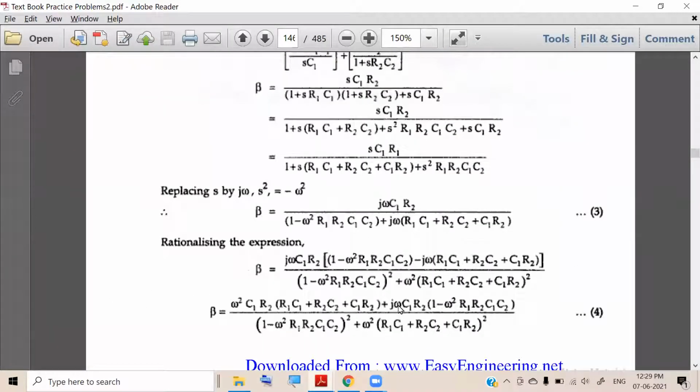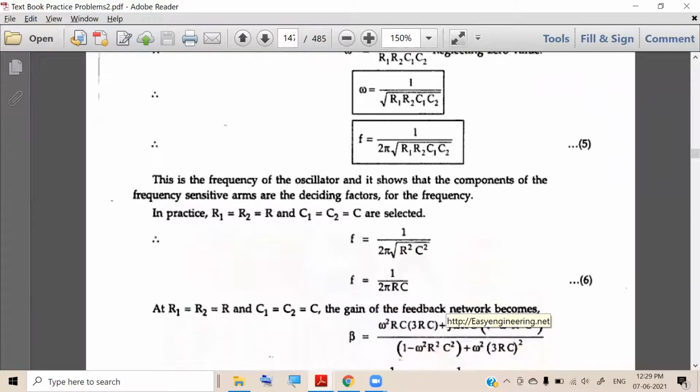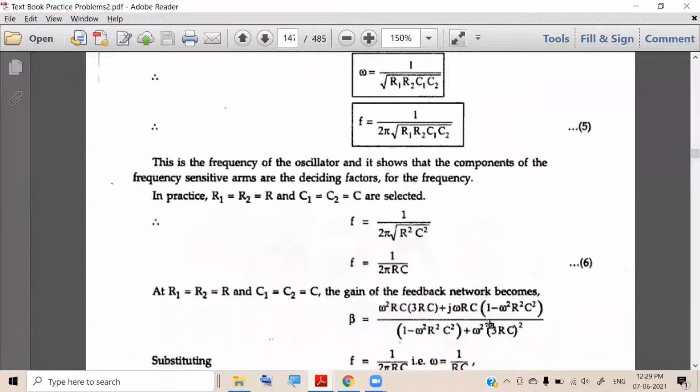So this will be j omega RC into 1 minus omega square R square C square. So this is what we are getting in the numerator.